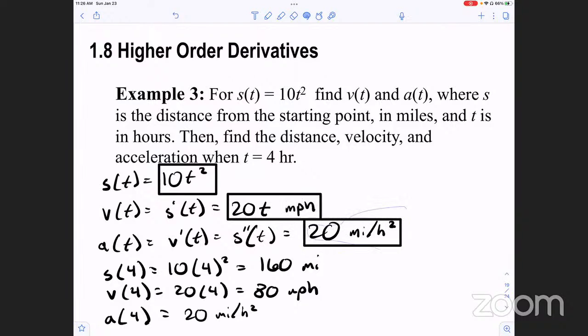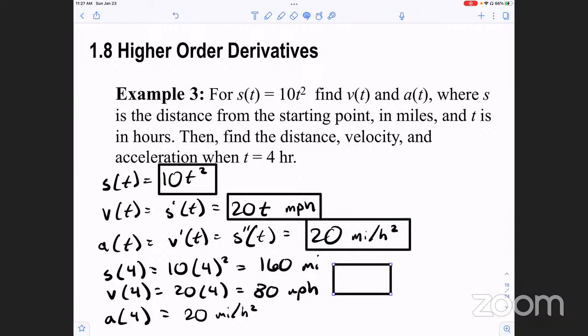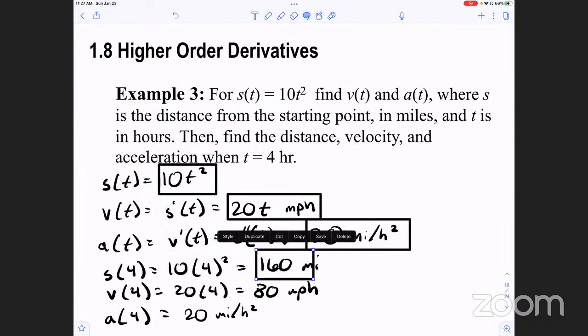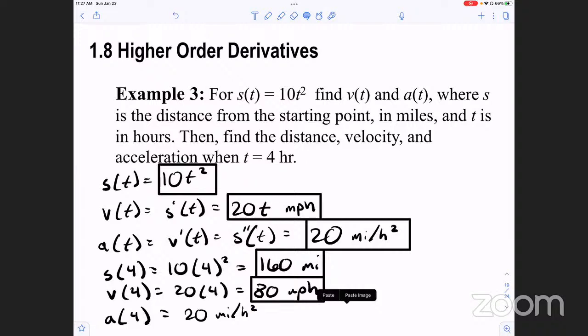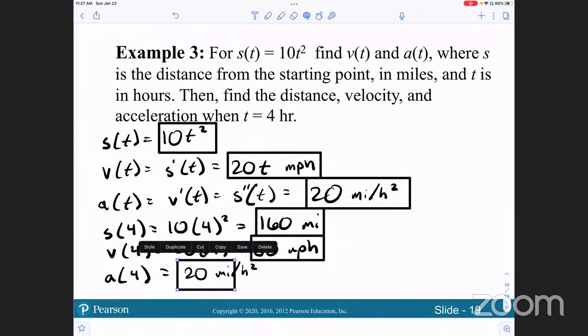So after 4 hours, it should have gone 160 miles, at a speed of 80 miles per hour, with a constant acceleration of 20 miles per hour squared.